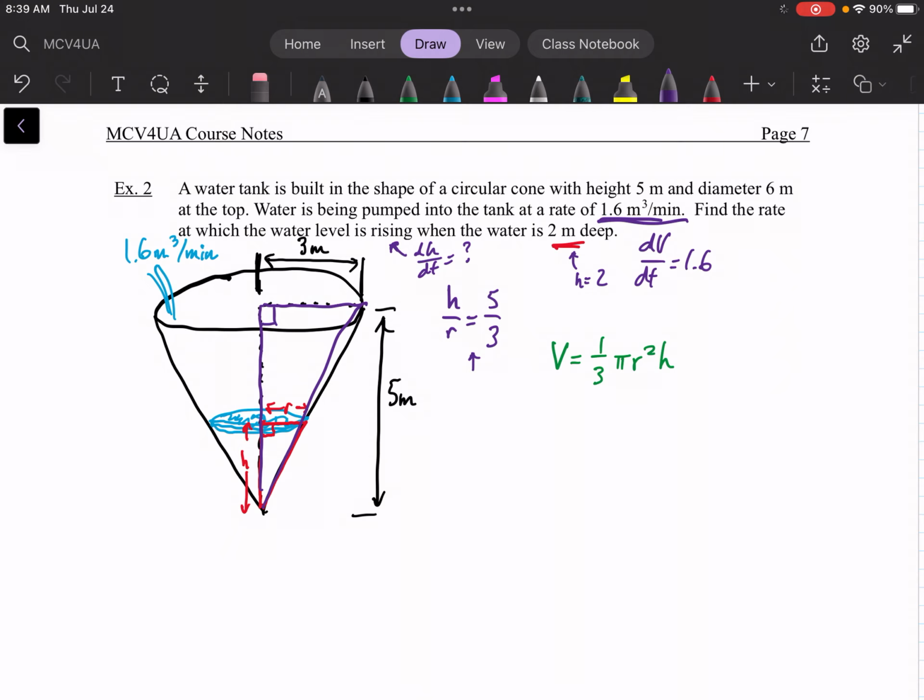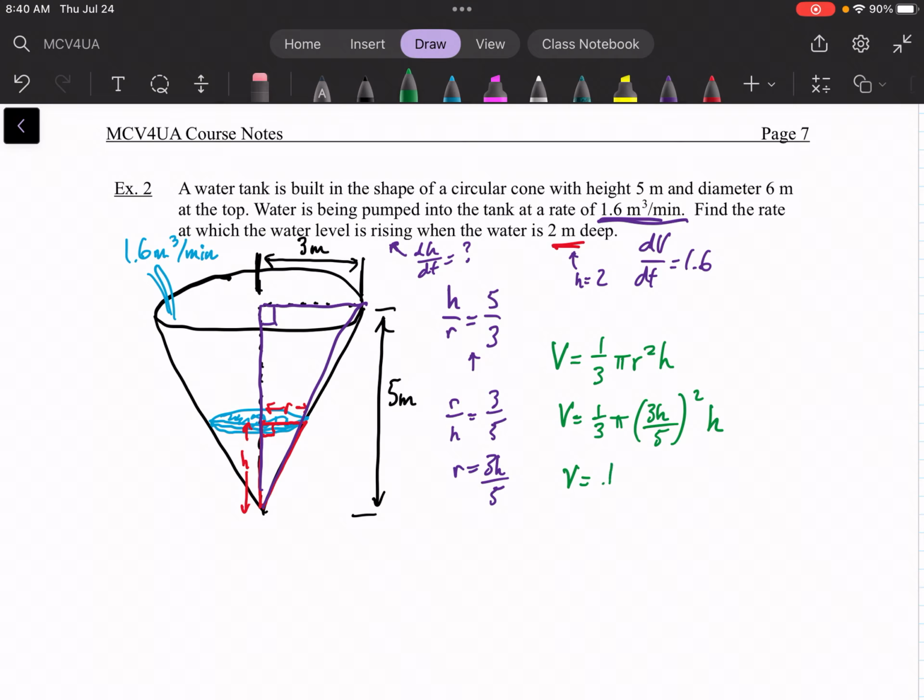I'm going to rearrange it so that r over h is 3/5, and r is 3h over 5. So that means now I can take that radius and substitute it into my formula, and I can simplify it, and now I get an expression for volume in terms of just height.